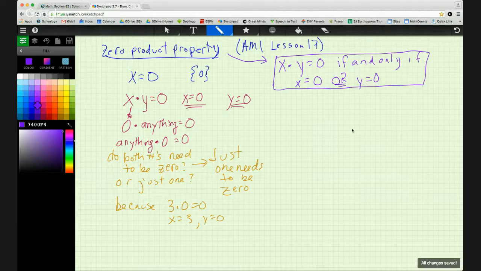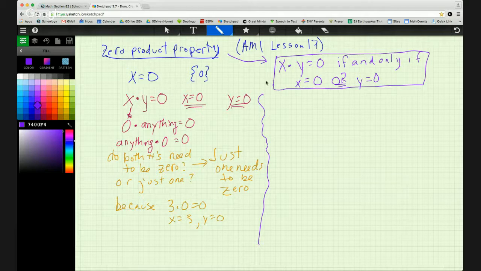Very important. This is going to be the basis of so much math that we're going to be doing. And it's going to become so obvious to you, hopefully, as we go forward. But it has a ton of application. So let's start with one of those applications. You're not going to see x's and y's.